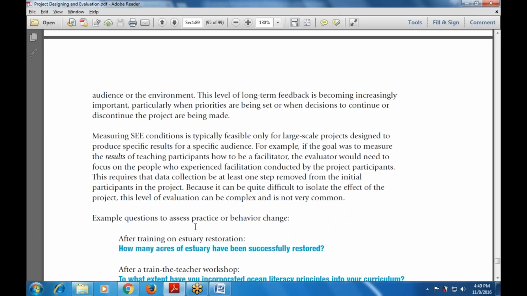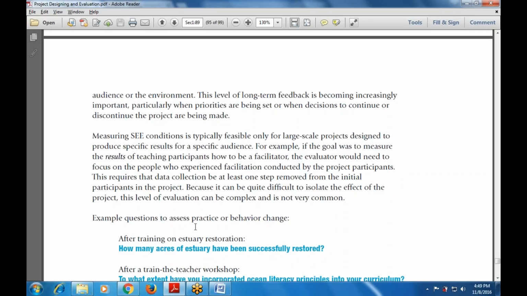And because it can be quite difficult to isolate the effect of the project, this level of evaluation can be complex and is not very common.